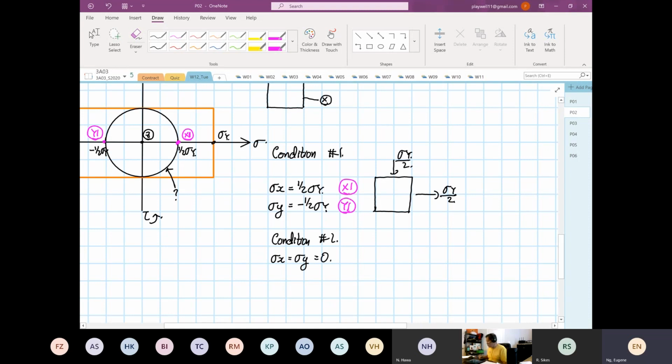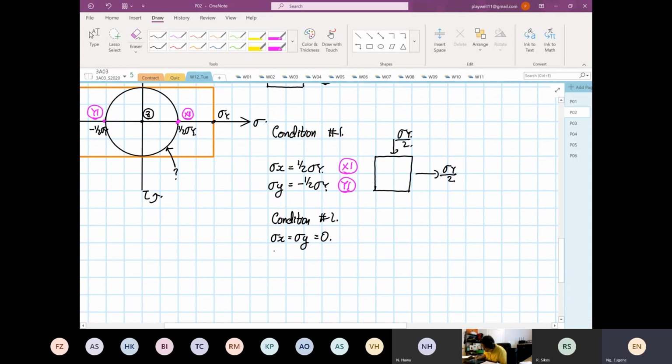Both of them are equal to 0. However, you have your shear XY equal to shear YX, and this will be equal to stress U divided by 2. So the other condition is where your element will look like this.